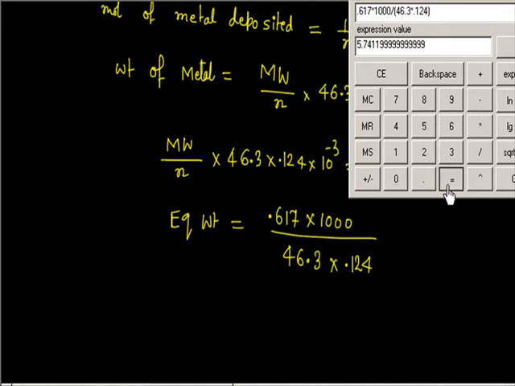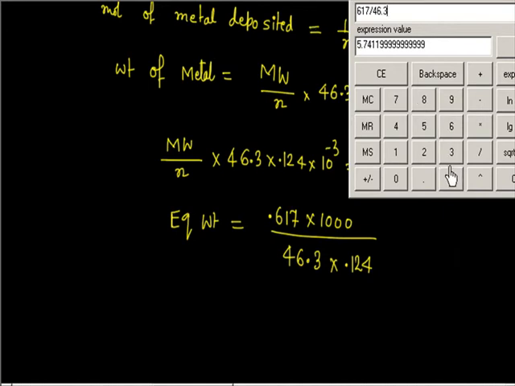Now let us check this value. This value is not giving me the answer. I think somehow I have made a mistake. Let me do it again. So 0.617 into 1000 is 617, and this divided by 46.3.